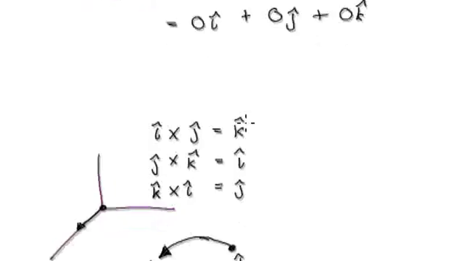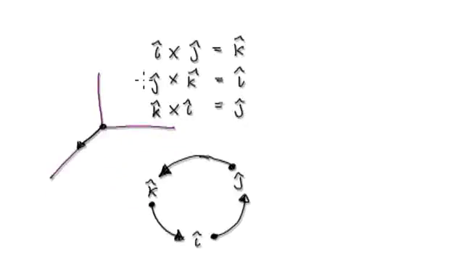Another technique that you might want to use: if you have I cross J, your right hand should be pointing at I, and then you curl your fingers so that they are pointing in the J direction. So your thumb will be pointing up. This will feel comfortable. You don't need to turn your hand upside down or anything.